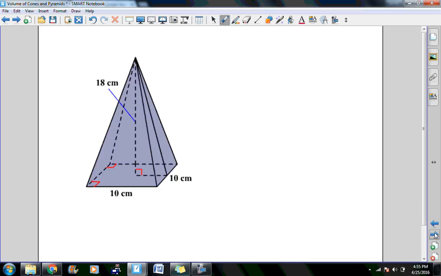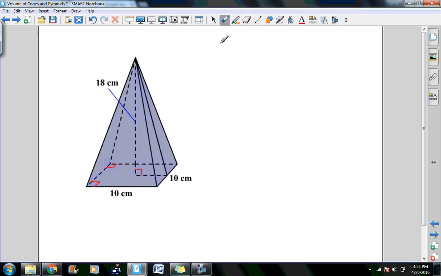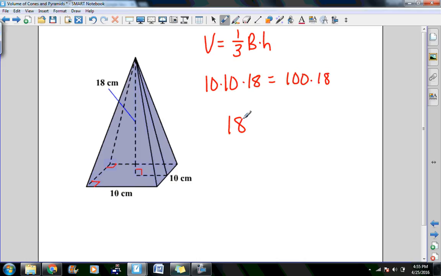As we move to actual shapes, here's an example of a rectangular pyramid. The first thing we have to do for the shape is find the area of the bottom face. So remembering that it's 1/3 times the area of the base, and then we multiply times the height. The area of this bottom rectangle is going to be 10 times 10. We take that times the direct height of 18, which gives us 100 times 18, which is the same as 1,800 cubic centimeters.